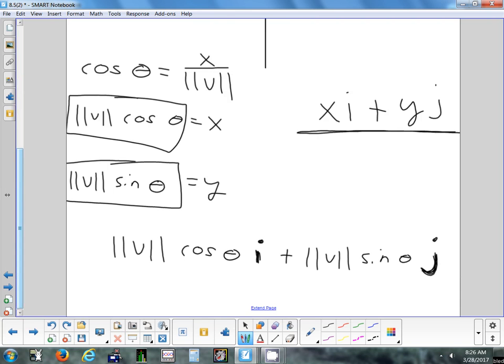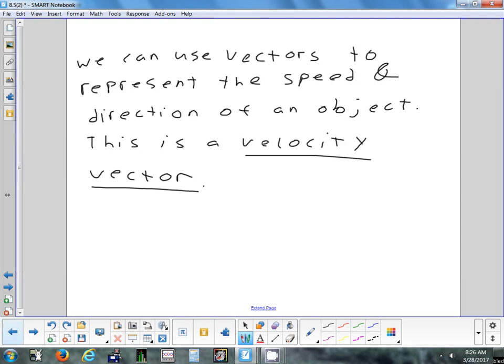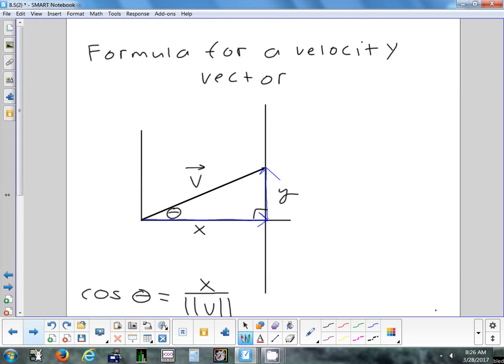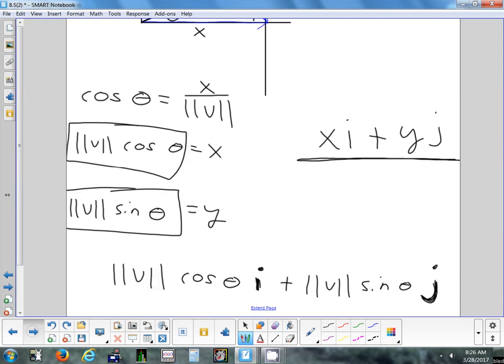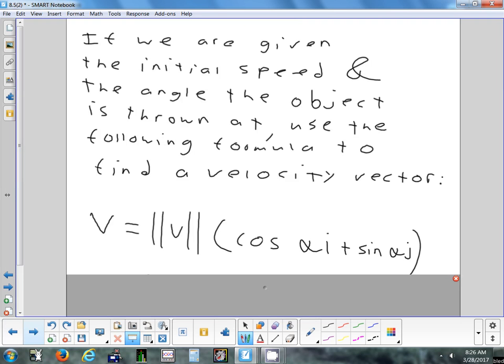And that's the final version of the formula I have on the other page. It's the magnitude of v factored out from that. Right here. So magnitude of v factored out. And I called my angle theta. You can call it alpha, whatever Greek letter you want. If you want to just stick with theta, because that's what we wrote, that's fine.